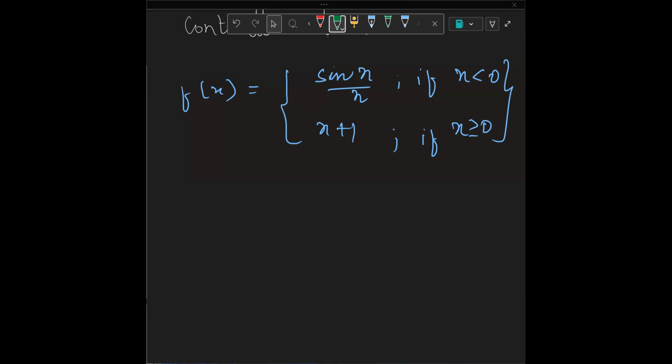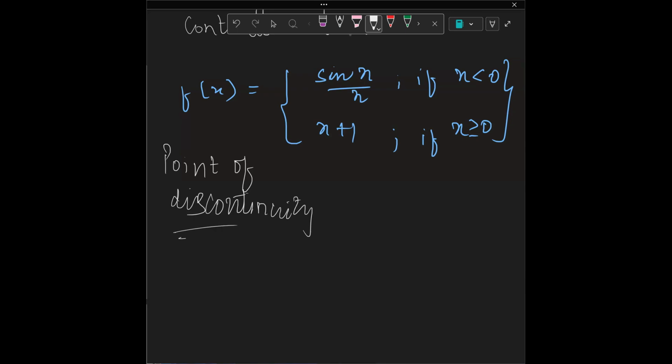Okay, see, you need to tell me the points of discontinuity. What do you mean by point of discontinuity? Tell me first of all. LHL is not equal to RHL.